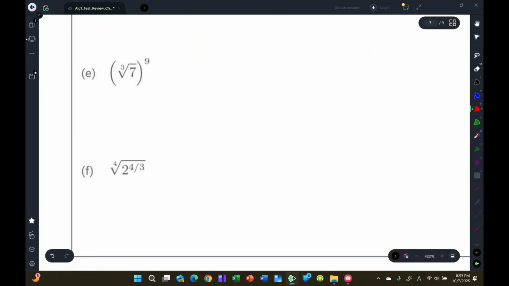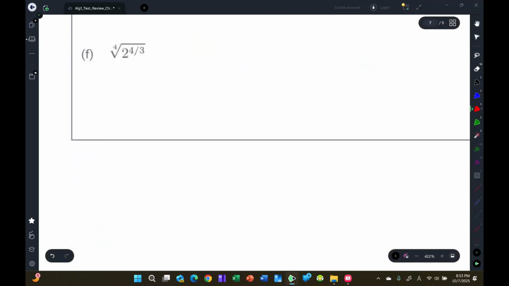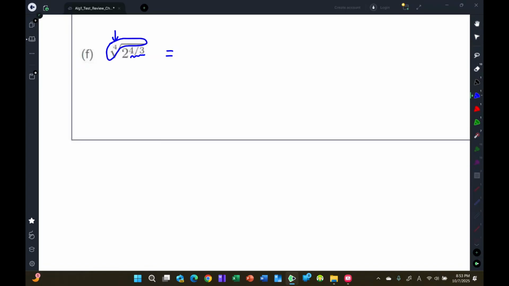And let me move down to F of 1.8.2. The funny thing about this problem is I have a fourth root outside, and I have a fractional exponent inside the root, right? But if you think about it, the fourth root of something can also be written as a fractional exponent, just like this, isn't it?